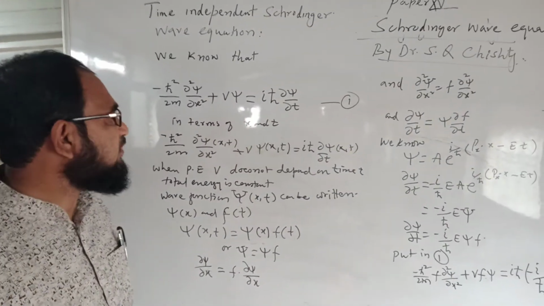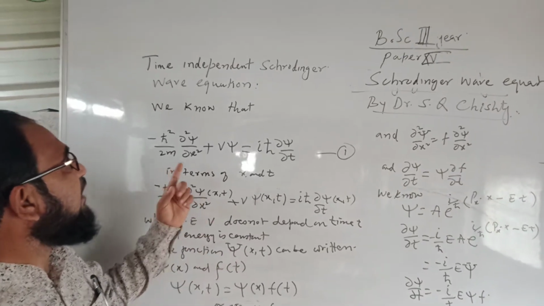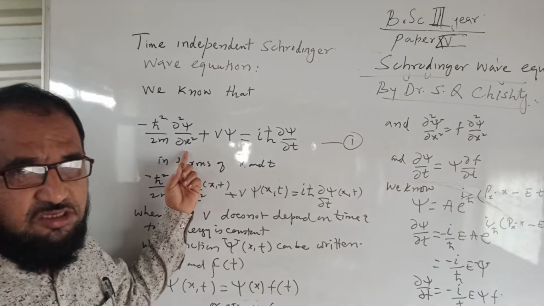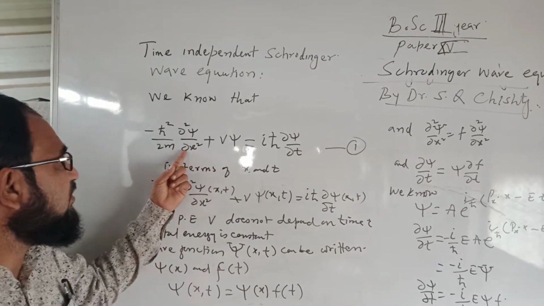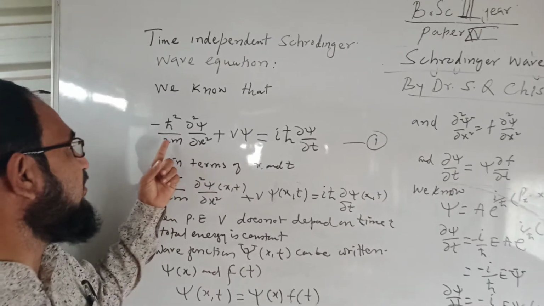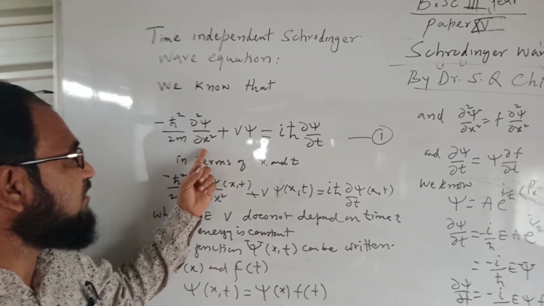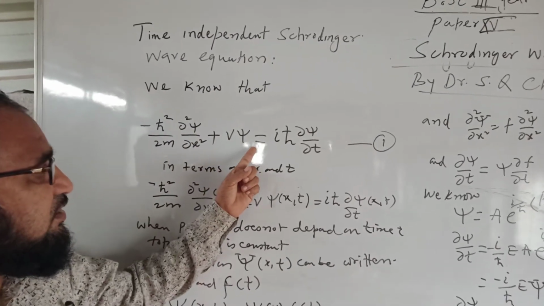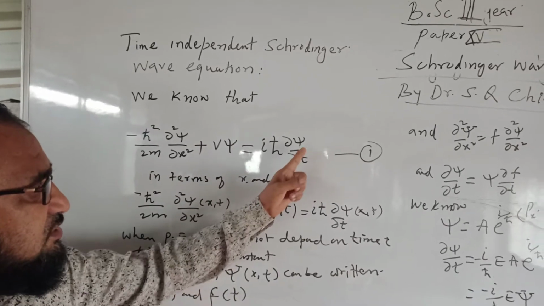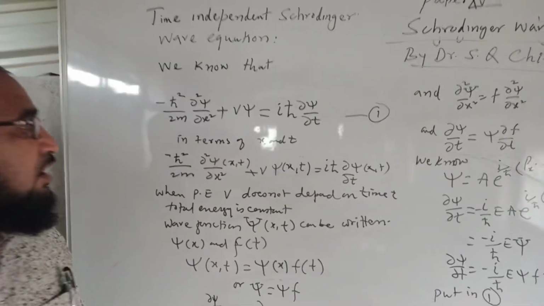So friends, we know that the Schrodinger time dependent equation is given by minus h cross square upon 2m dou 2 psi by dou x square plus V psi is equal to i h cross dou psi by dou t.